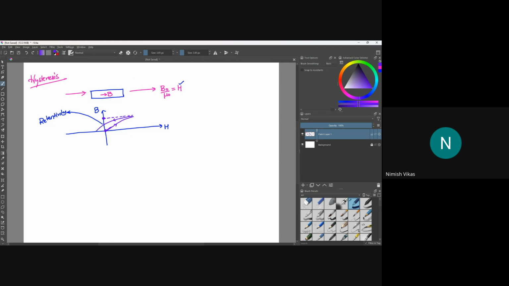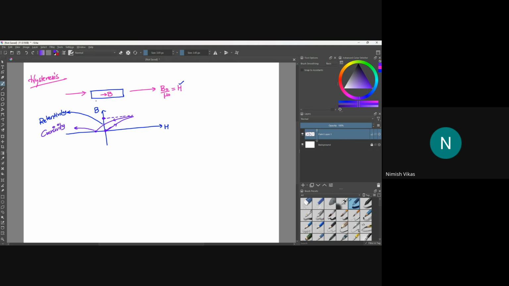And then finally, for some value of H in the negative direction, all the retained magnetic field becomes 0. This value of H at which the retained magnetic field becomes 0 is called coercivity. Any questions?